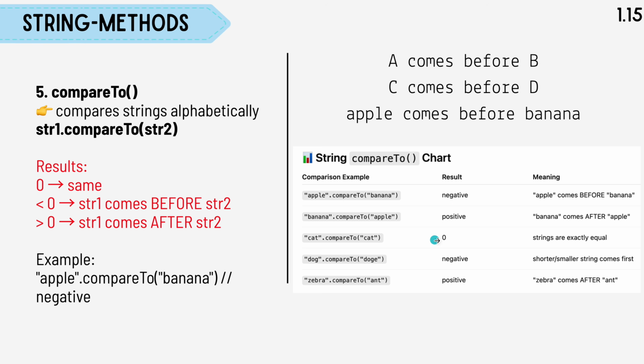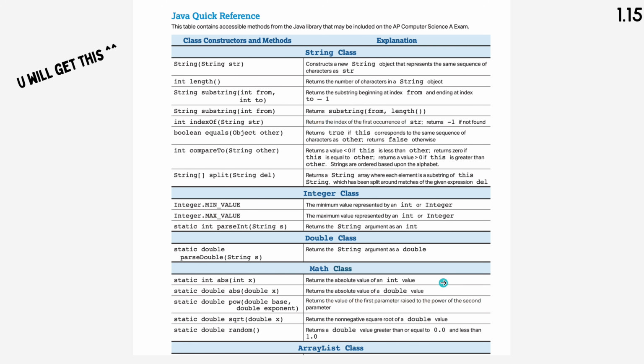And since C and C are the same over here, the value is going to be 0. Dog and dog is negative because this one has fewer letters. So when we're analyzing over here from 3 to 4, we understand that this is lesser, so it's negative. A is lesser than B, so it's negative. Z is greater than A, so it's positive.